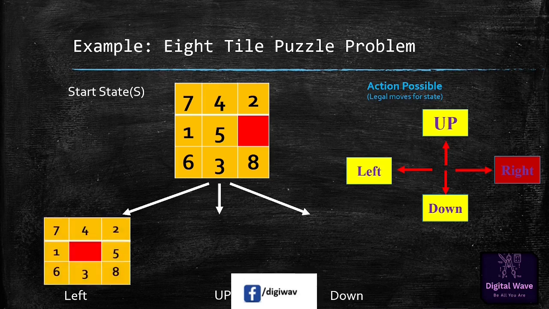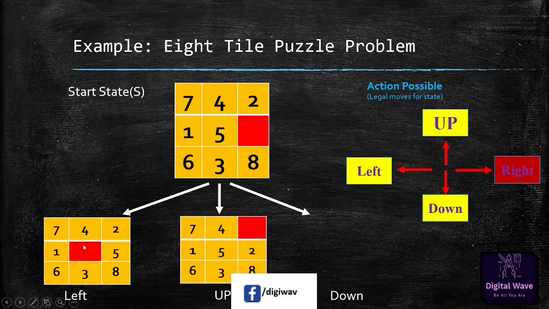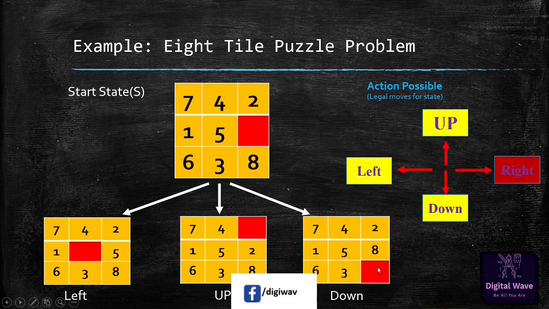After performing left, this blank block will be here. After the up operation, this blank block will go up, and after down, this blank block will come here. Okay, so now we have these 3 possible solutions to get the solution of this problem.